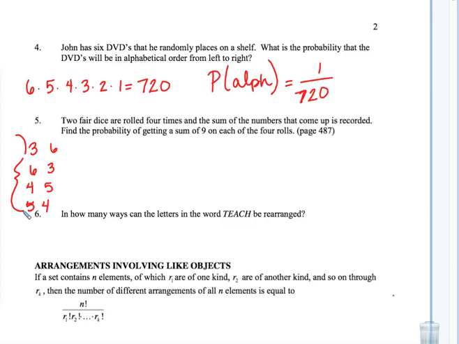How many of those sum up to 9? So the probability that we have a sum of 9 is 4 ways out of the 36 different possibilities there. And then we definitely need to reduce this one to 1/9.